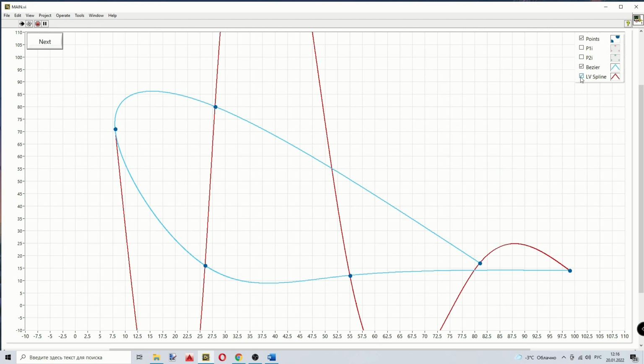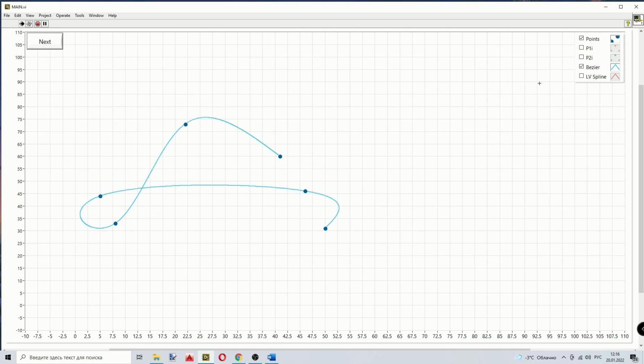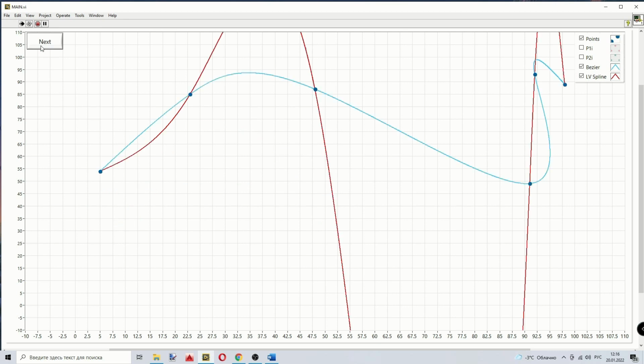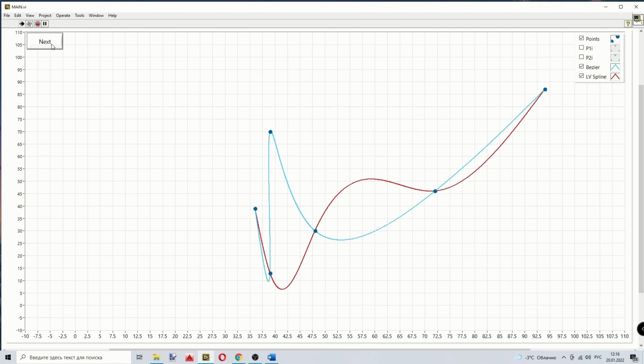So in this example, you can see that a regular spline connects points from left to right, not how we want. Pay attention to this place. The spread is not that big. In this case, the results are similar.